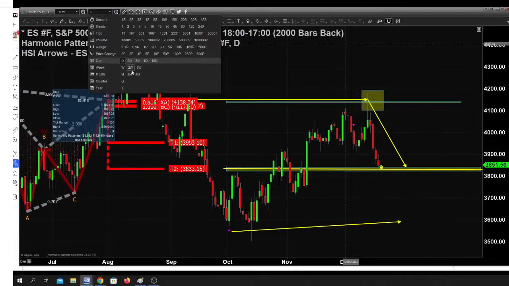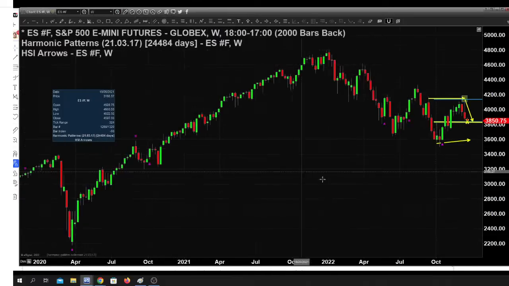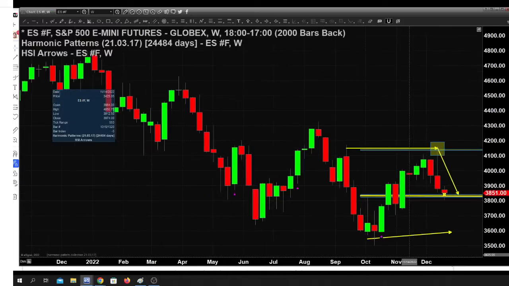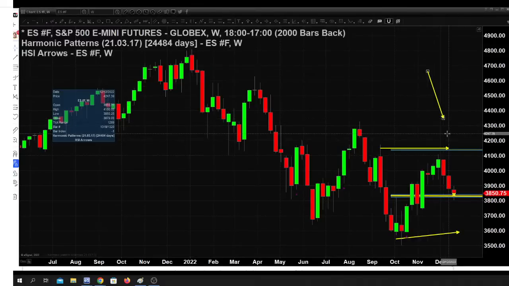Reversing. And here's the final thing about S&P, and again, it's probably the nastiest candle of the entire bear market so far on the weekly. Take a look at the last couple of continuations. We came up and retested the downtrend resistance.